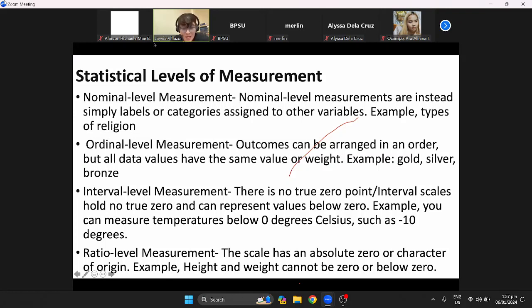Again, we have nominal level of measurement. We have ordinal level of measurement. We have interval level of measurement or ratio level of measurement. Okay? Now, madali lang naman ito. Okay?